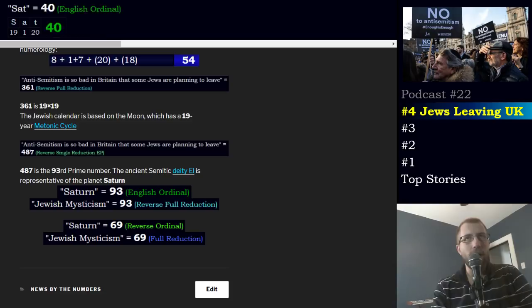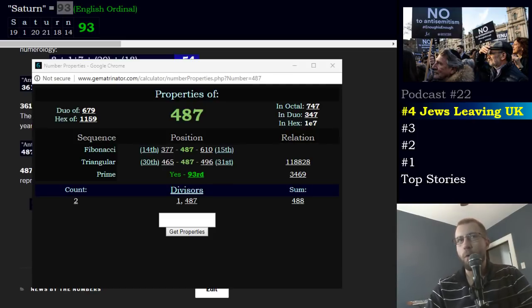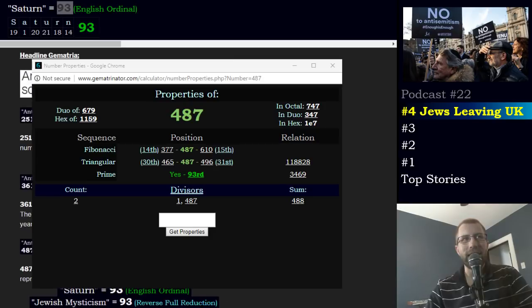We talked about how Saturn is important to Judaism. Saturn summing to 93. The 93rd prime number, 487, which this headline also had. And as far as dates on the calendar go, consider that the Jews use a lunar calendar that's based on the moon.